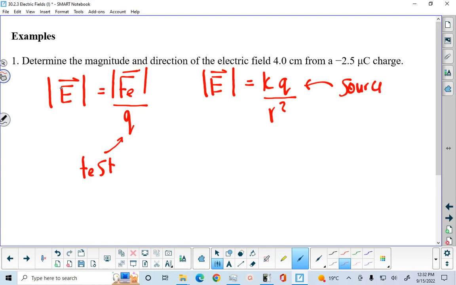So what is the magnitude and direction of the electric field 4 centimeters away from this charge? Well, this would be the source of the field. So we're going to use this formula to find the magnitude of the electric field.